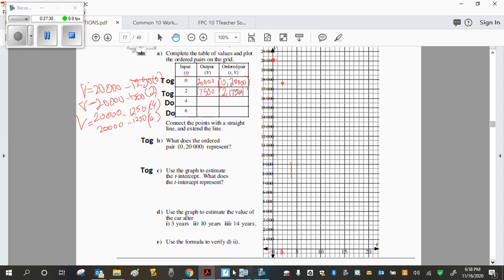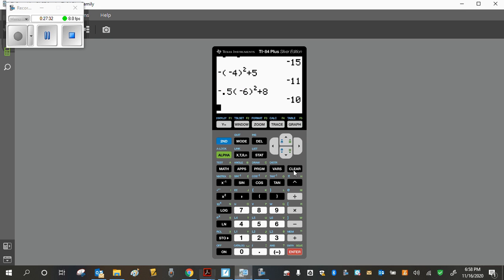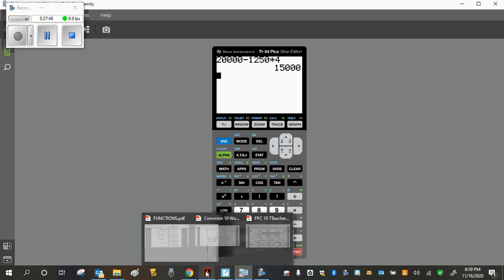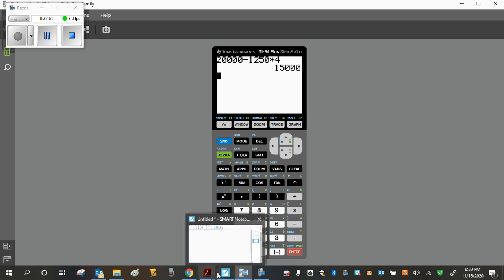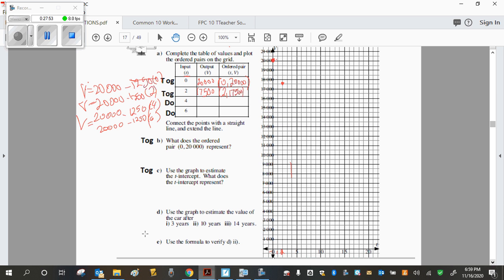And you just punch that into your calculator. 20,000 subtract 1,250 times 4. 15K, 15 large. So that's 15,000.